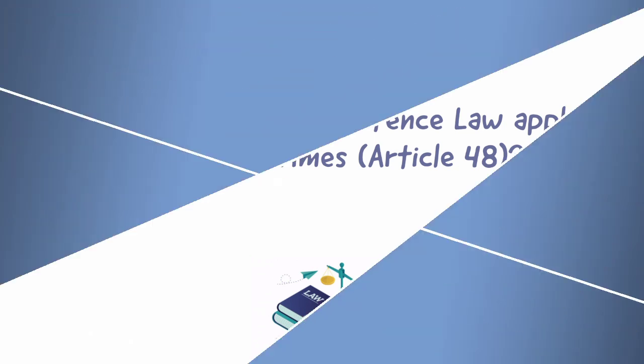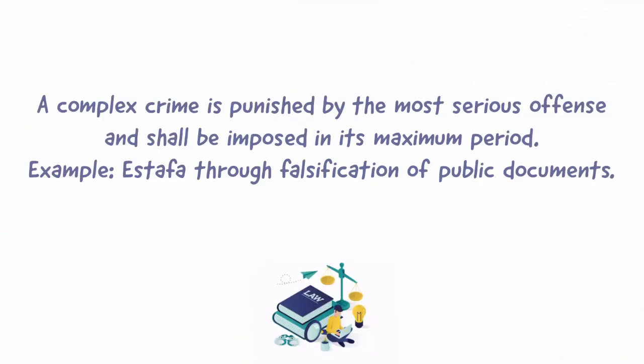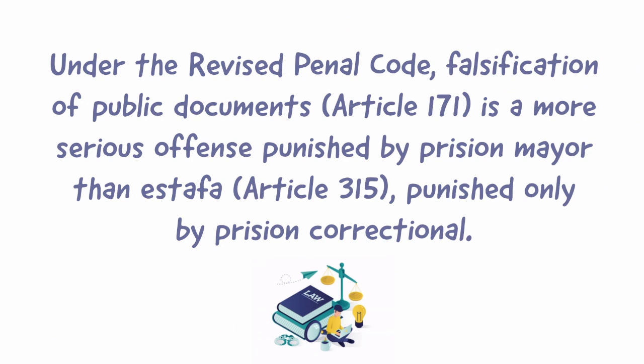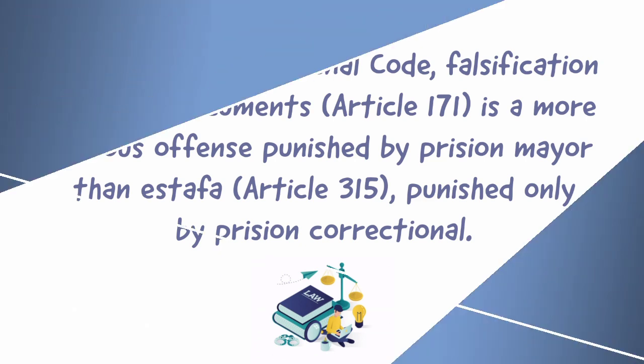How is Indeterminate Sentence Law applied in complex crimes? Article 48. A complex crime is punished by the most serious offense and shall be imposed in its maximum period. Example: estafa through falsification of public documents. Under the Revised Penal Code, falsification of public documents, Article 171, is a more serious offense punished by prison mayor than estafa, Article 315, punished only by prison correctional.